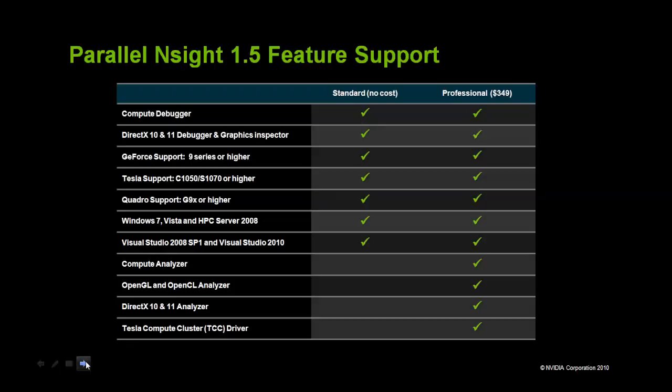The next edition is the Professional Edition. It's available at $349, and the Professional Edition adds CUDA C++ analysis, OpenGL and OpenCL analysis, as well as the graphics analysis. It also includes the new Tesla Compute Cluster debugging that we mentioned previously.